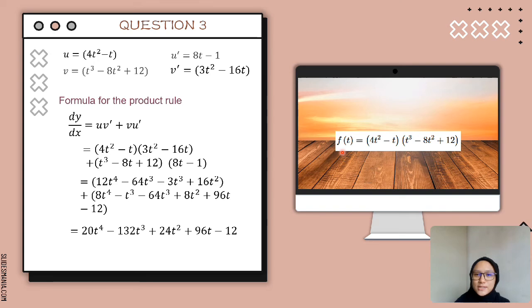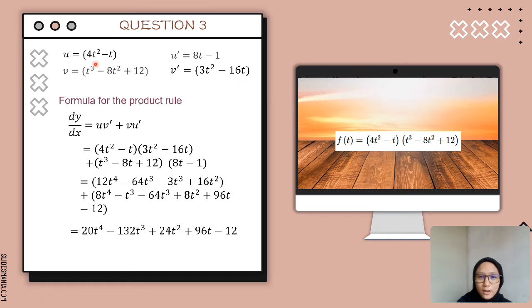Our third equation is f of t equals bracket 4t squared minus t multiplied with t cubed minus 8t squared plus 12. Now, as usual for the product rule, we should determine u and v. So our u is 4t squared minus t, while our v is t cubed minus 8t squared plus 12. Then we find the derivatives, u prime and v prime, and we get 8t minus 1, and for v prime we get 3t squared minus 16t.